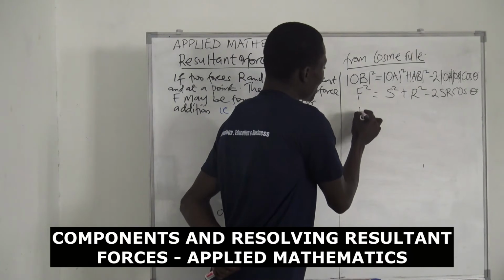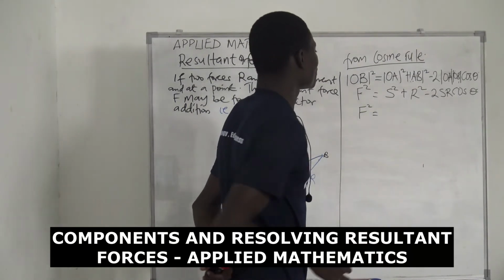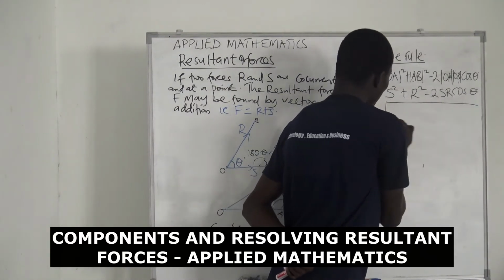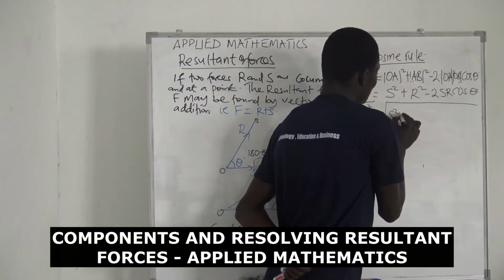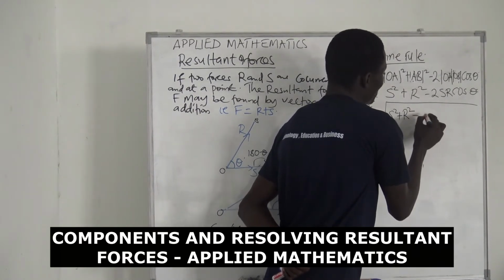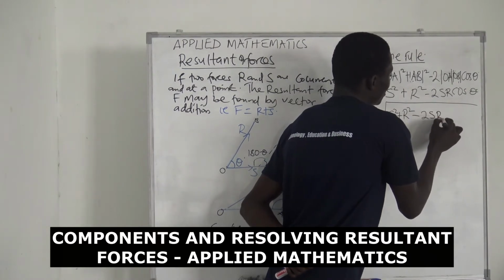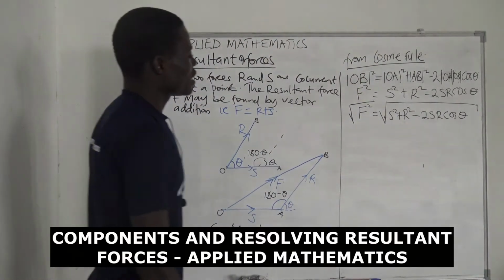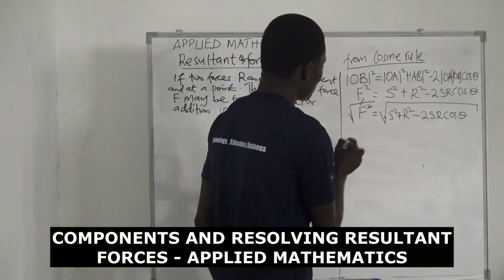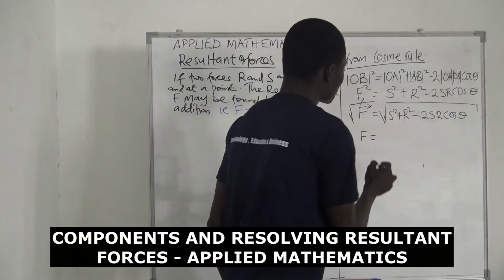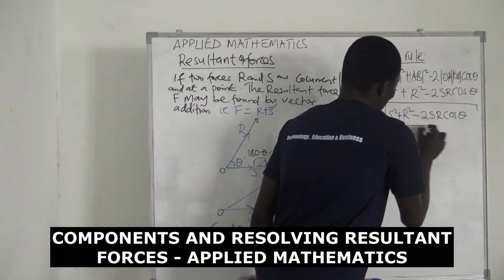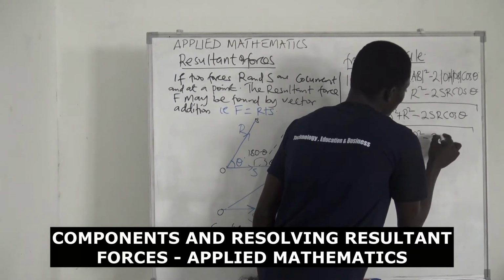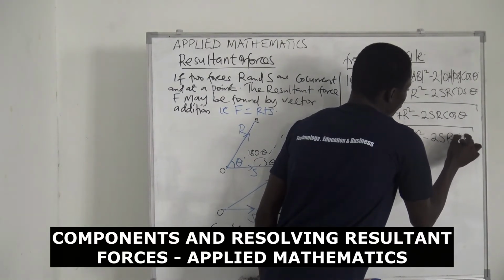So from here, we shall have our F squared equals S squared plus R squared minus 2SR cos of theta. You take square root both sides, so F equals the root of S squared plus R squared minus 2SR cos of theta.